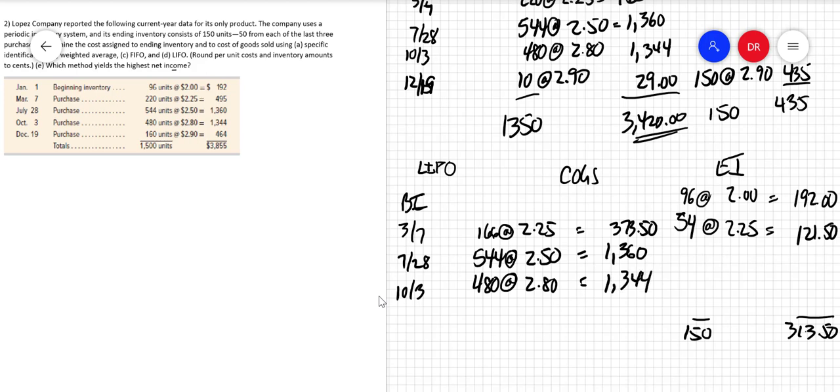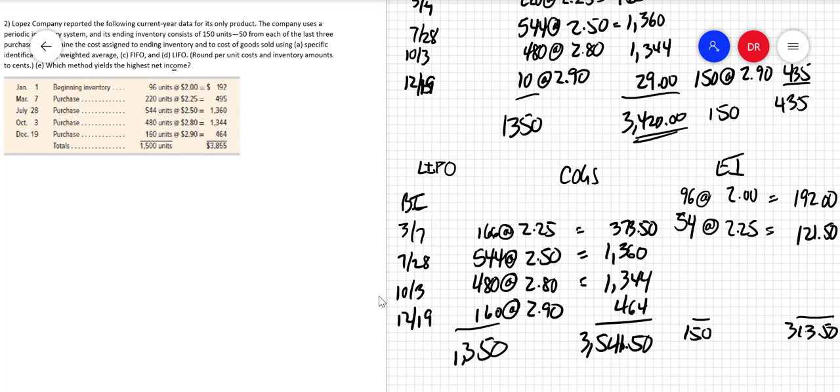And then finally on December 19th, you have 160 at $2.90, and that will be $464. So what you wind up with here, cost of goods sold, will be $3,541.50, and a total unit will be 1,350.